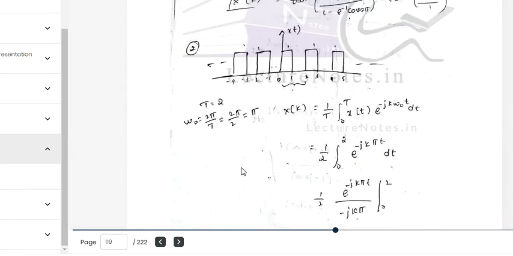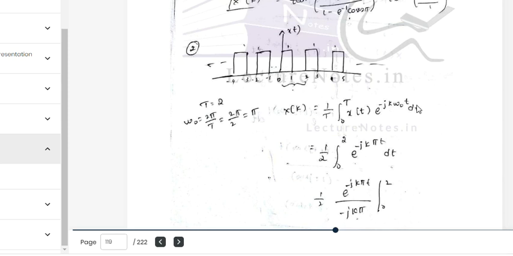The next problem is this one. X of t is a squarish kind of wave from 0 to some magnitude, so its value is 1. We can see it is a periodic, continuous signal. What is the fundamental time period of this? The fundamental time period of the signal is now 0 to 2, so T is 2 for it. Omega naught is pi, the same.